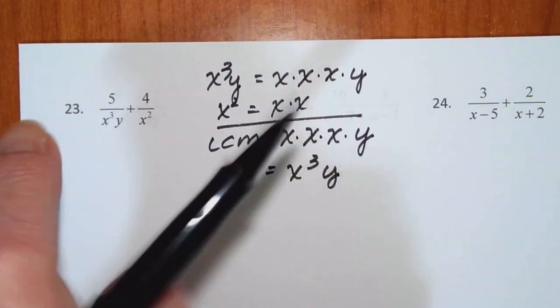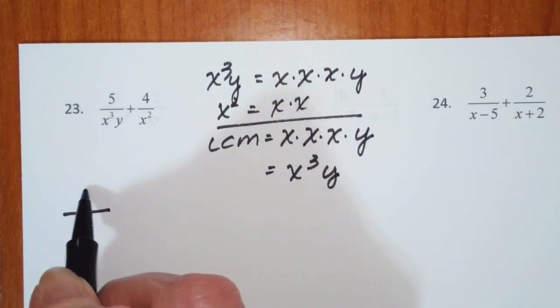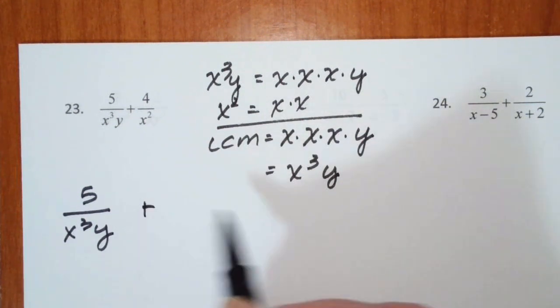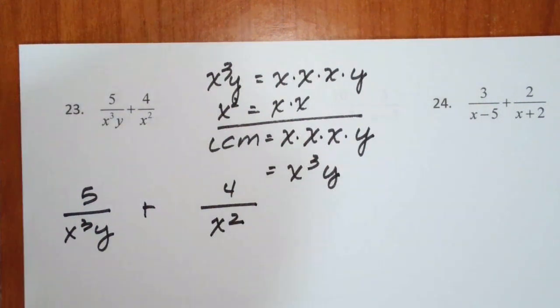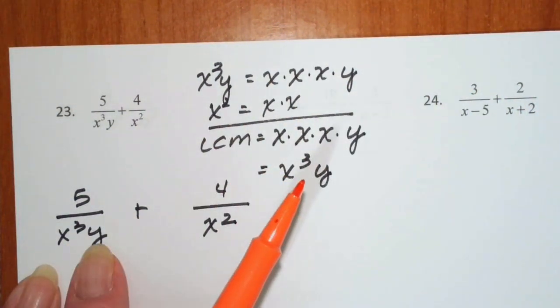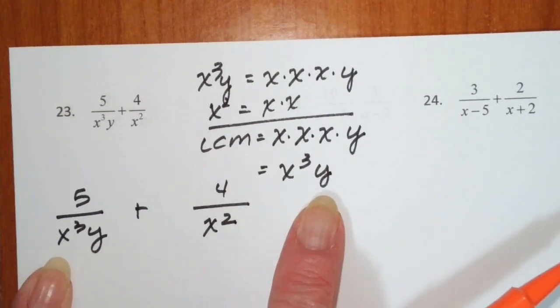Okay, so I'm going to have to turn each of these into something over x to the third y. There are no missing factors here, so this is already my LCM or LCD.